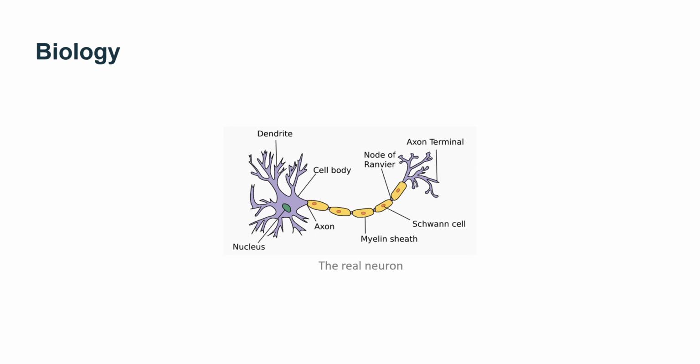For the purpose of the analogy, it is sufficient to consider the dendrites as input terminals, the nucleus as the CPU, and the axon as the output wire, and the axon terminals as output terminals, which connect to another neuron via synapses.